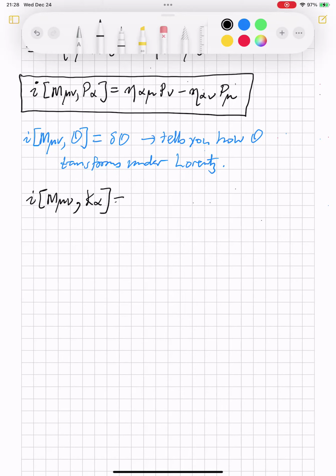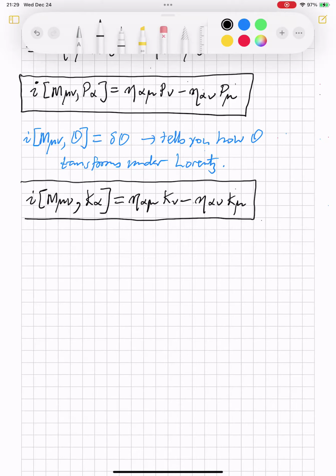So on the right-hand side, we'll have the following: eta alpha nu K nu minus eta alpha nu K nu. So what you can see is that everywhere there was a P in my boxed equation, I've now replaced it by a K. I got this equation by thinking about Lorentz transformation properties of K alpha and P alpha.